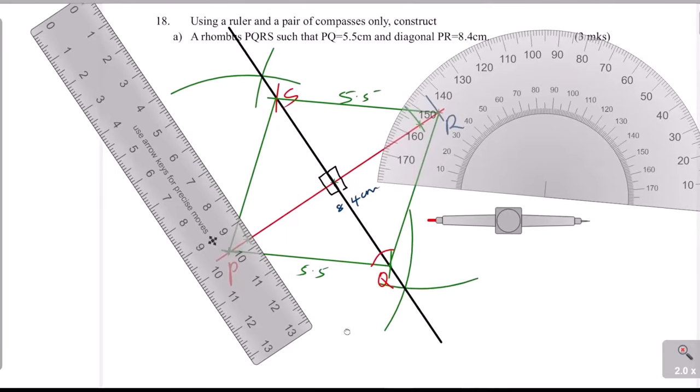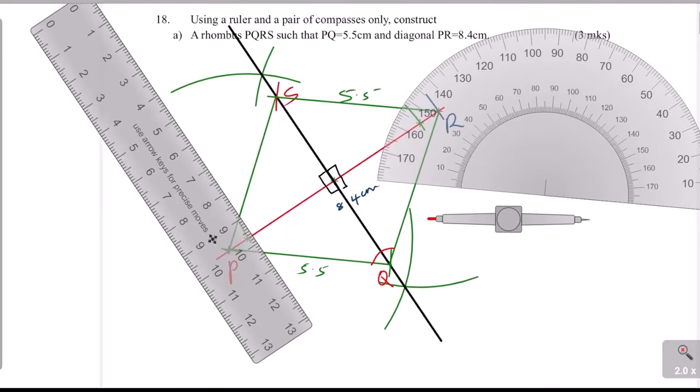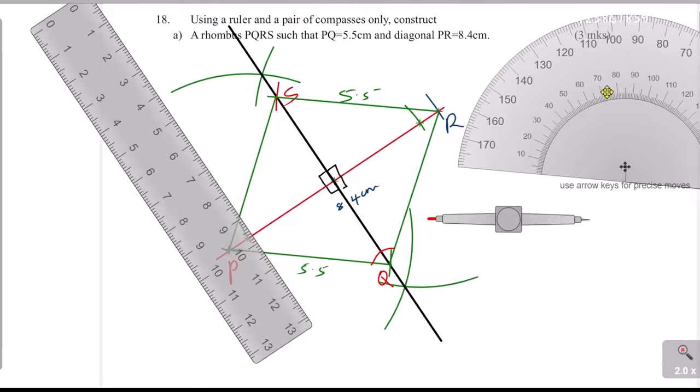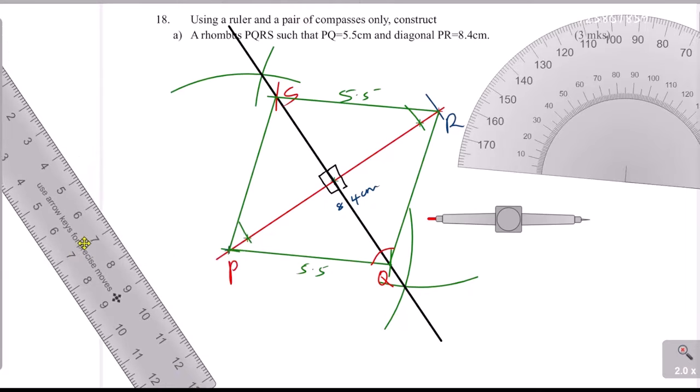So Q and R, you can see the two points. Q is here and R is here. So construct a perpendicular bisector of that. You just use your pair of compasses.